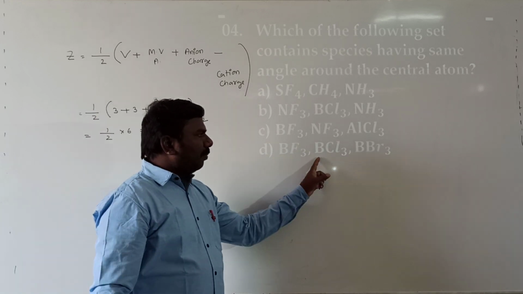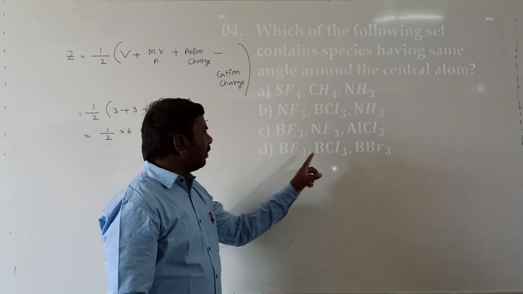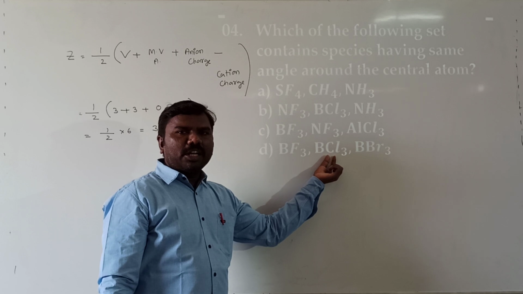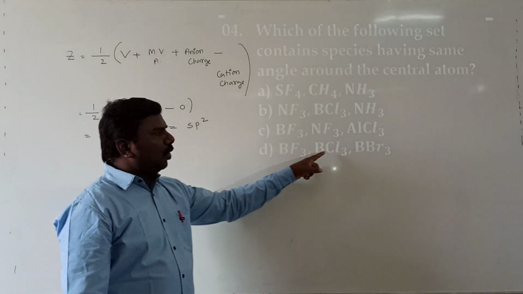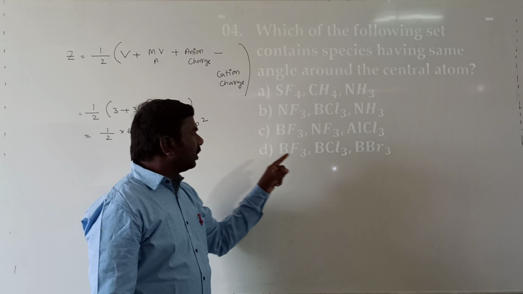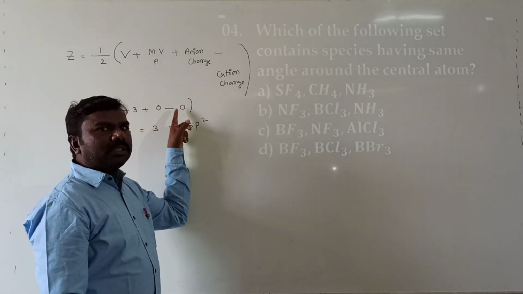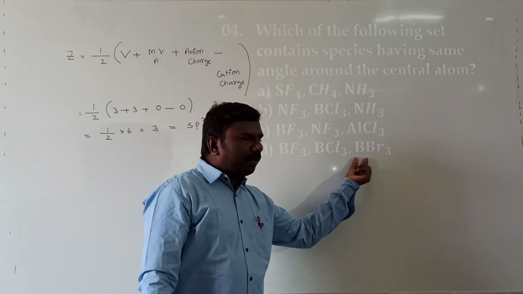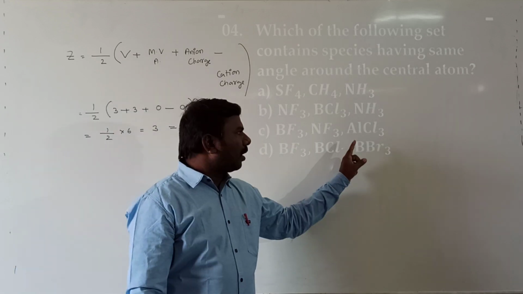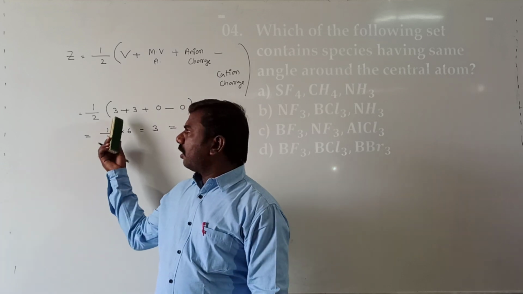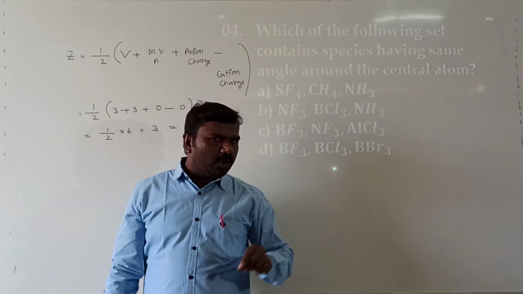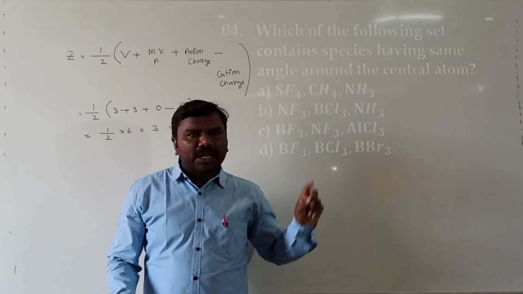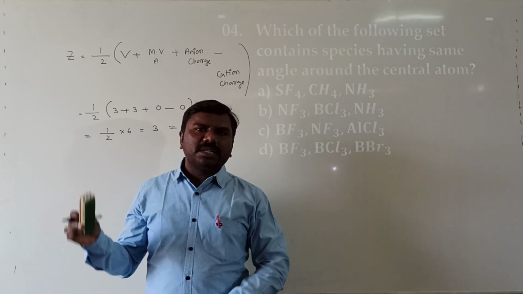Similarly, boron trichloride also. Boron valence electrons 3 and chlorine is a monovalent atom, totally 3, plus 3. No positive charge, no negative charge, that's why 0 and 0. Same answer here. Similarly for BBr3 also, boron is the central atom, valence electrons 3. Bromine is monovalent, totally 3 monovalent atoms, plus no cations 0, no anions 0.